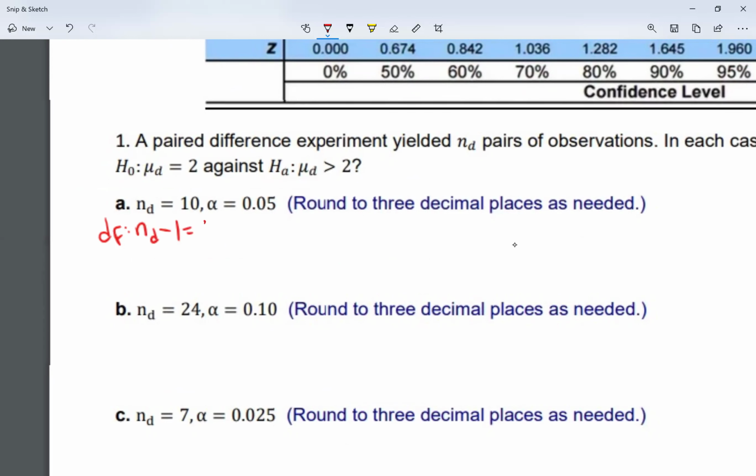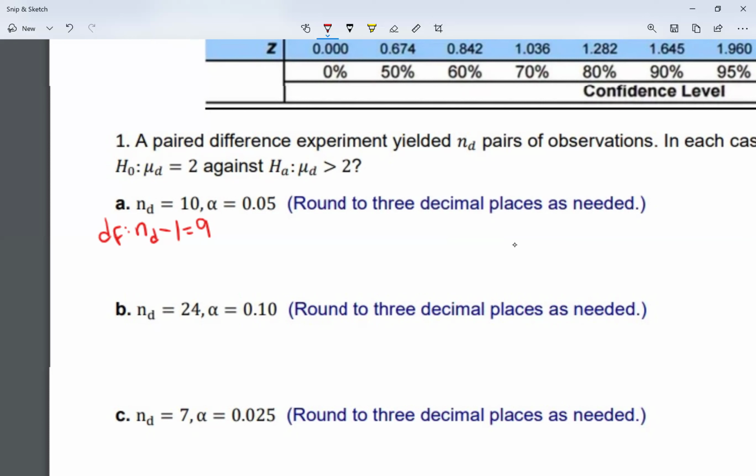So in this case, I'm going to be using the degrees of freedom of 9. Okay, so from 10, I subtract 1. So always got to subtract 1. And my alpha is still going to be 0.05. I'm looking at a one tail, 0.05.